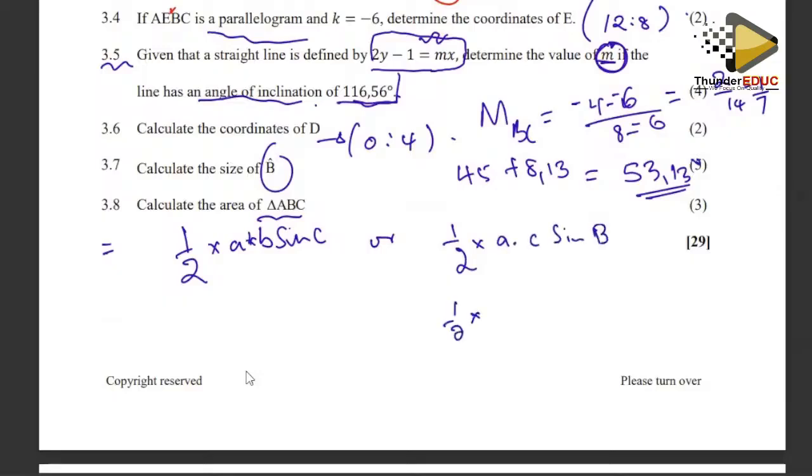So that's a half times 10 root 2 times 10 root 2, the sine of 53,13. So I'm just using the angle that I got, okay? So if ever you get a different angle, just use the same steps and then use that same angle that you got.